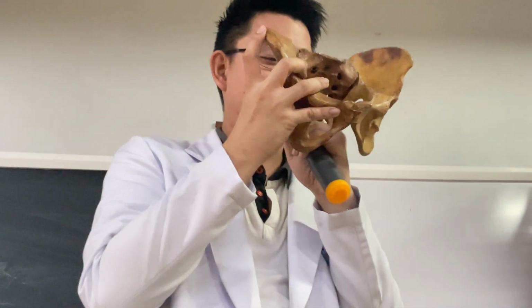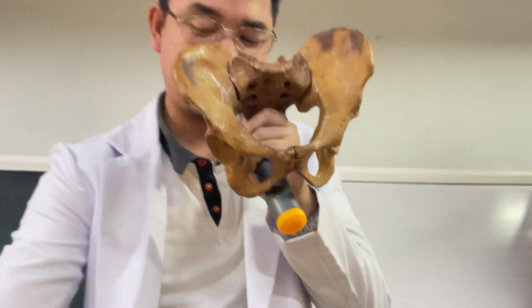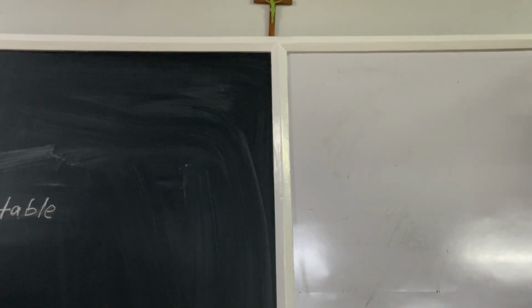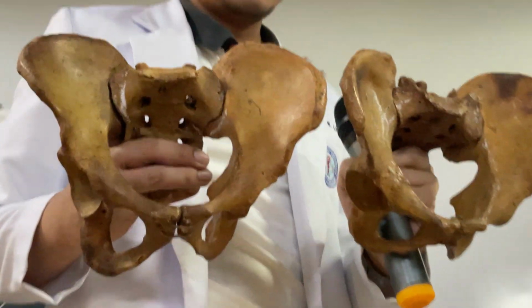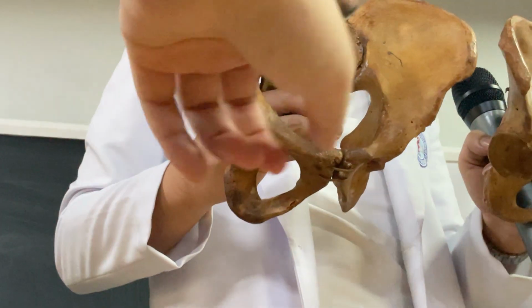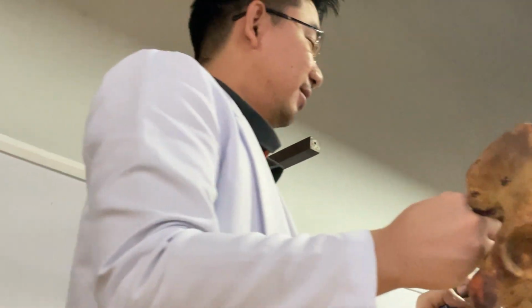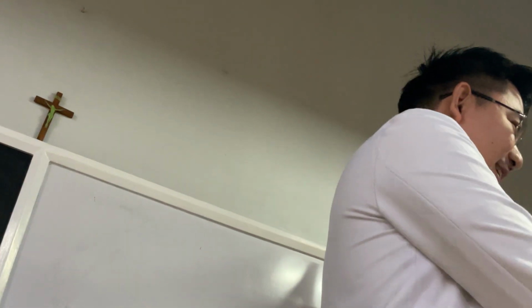Okay, I want you to identify this one versus this one. This is female. Which one is male? Which one is female? The wider one should be the female, maybe. Wider.